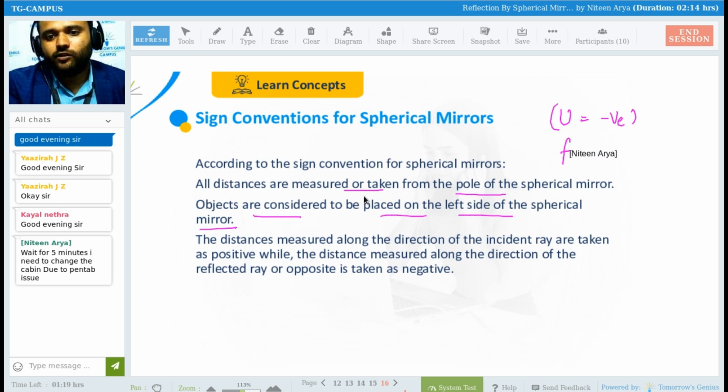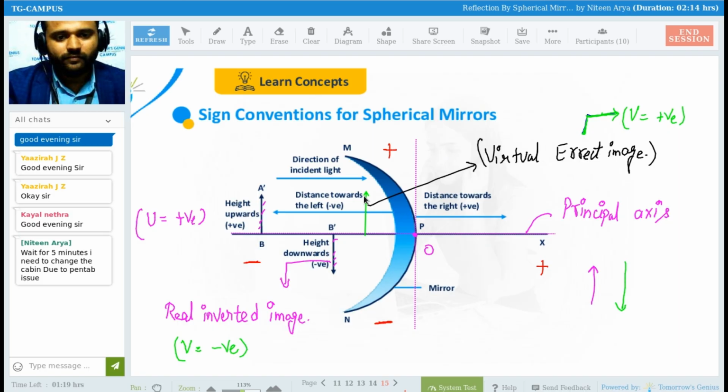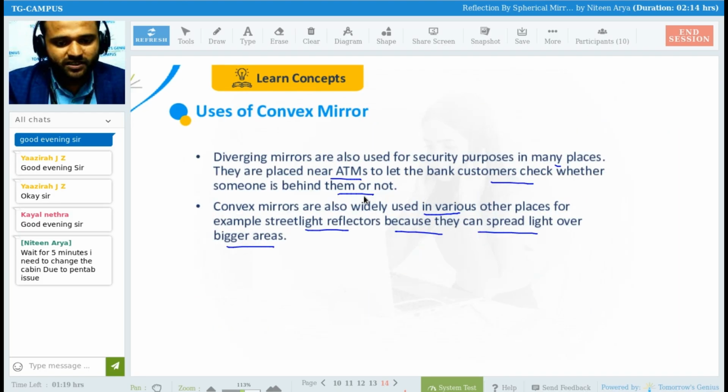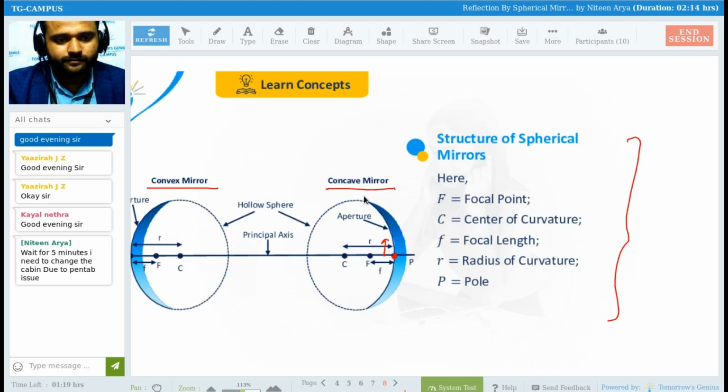Okay, F for concave is going to be negative. Okay, I can give it here downward. Wait a minute. This is your concave one. Just a minute. Yeah. With this, you are going to understand clearly.